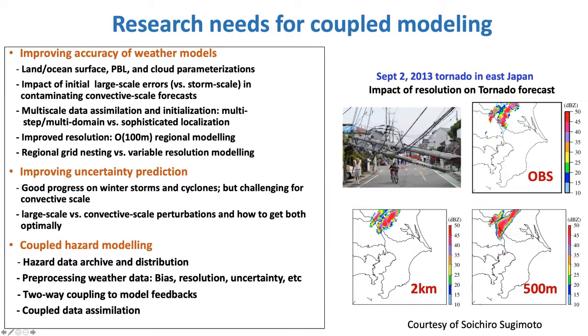On the lower right panel, it's a 500-meter model run. You can see here the hook echo is successfully forecasted, but at 2 kilometers, you are not able to forecast the hook echo that caused the tornado outbreak.